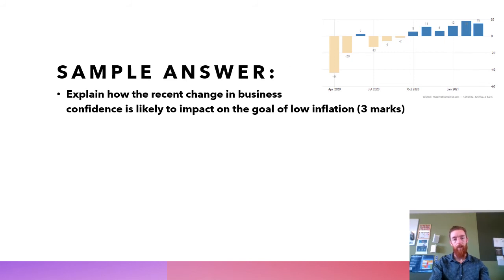You'd say business confidence, describe it, and then you'd say has increased. And that'd probably include the measurement of what it's increased to. So it's increased to 15 index points.